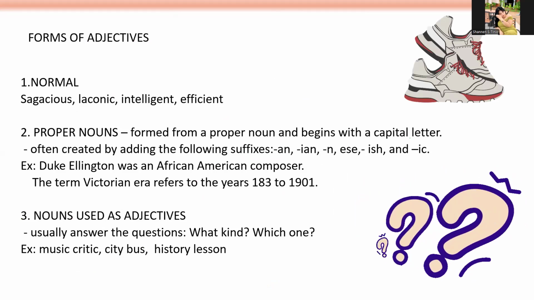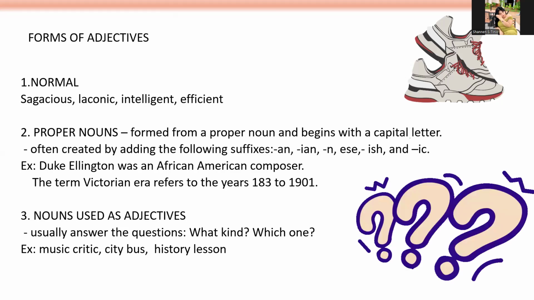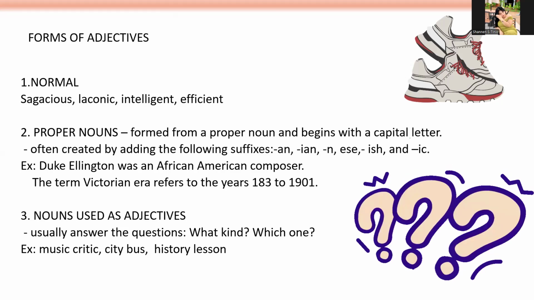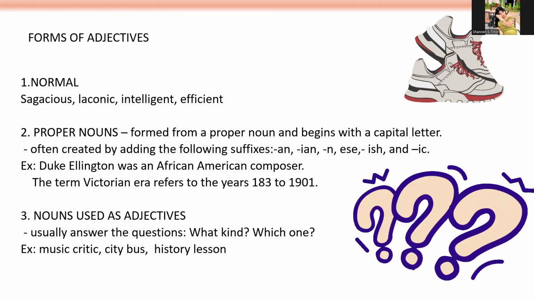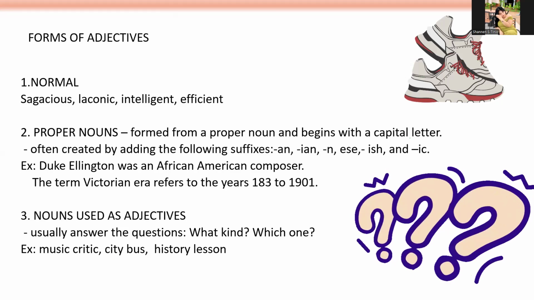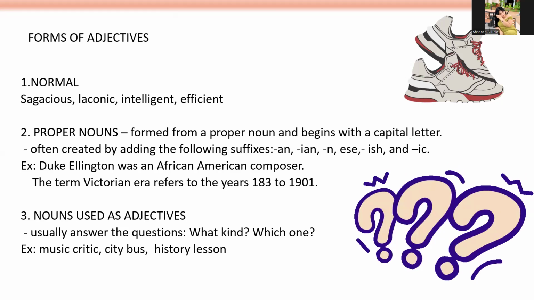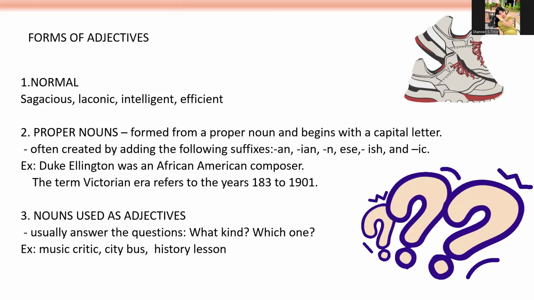Okay? We also have what you call proper nouns. These are adjectives that are used, but they are altered by adding suffixes such as an, en, is, ish, ic. Why? Because proper nouns sila na ginagamit as adjectives.